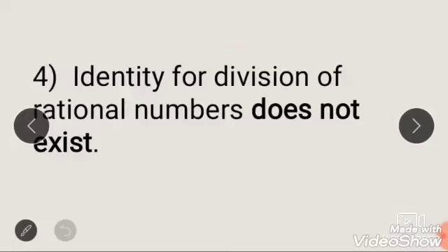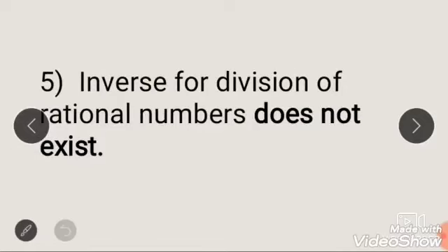Next, we move on to the identity. The identity for division of rational numbers does not exist. Likewise, the inverse for division of rational numbers also does not exist, which means that according to division there is no commutativity, associativity, identity and inverse.